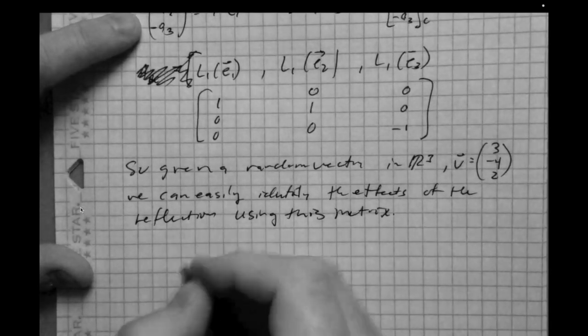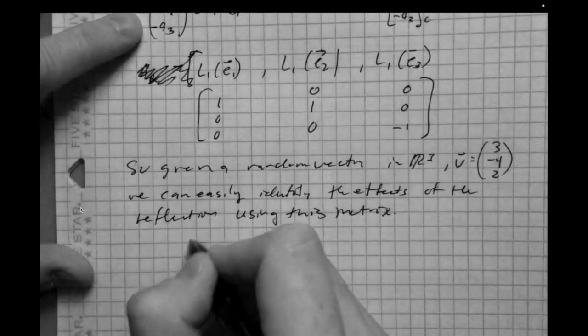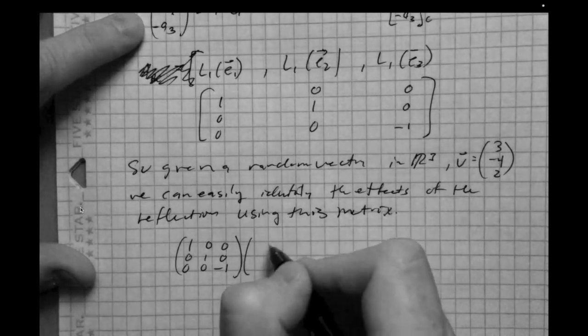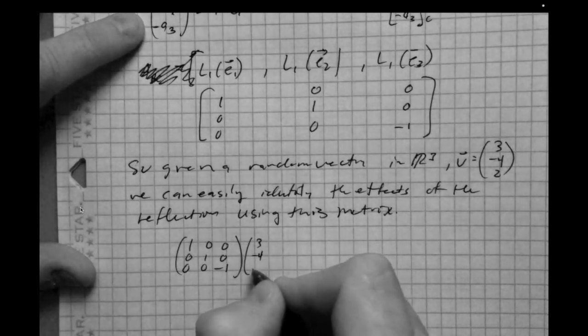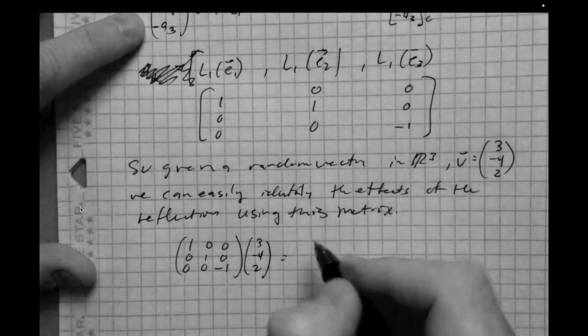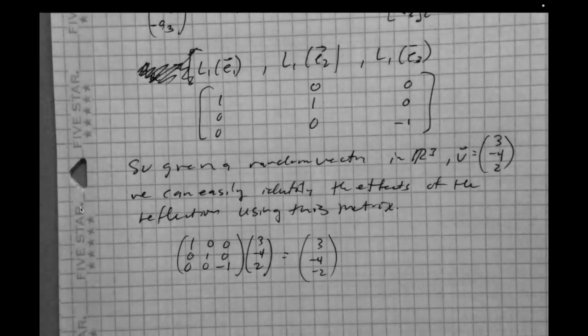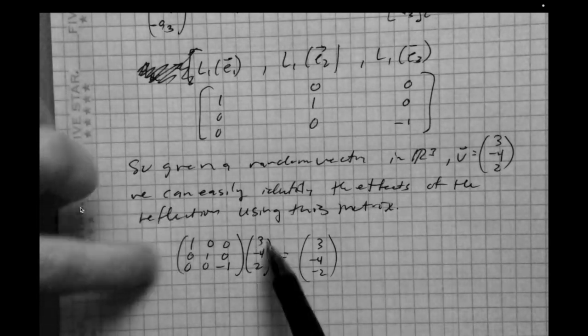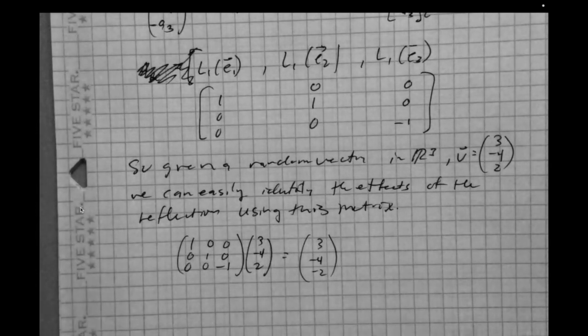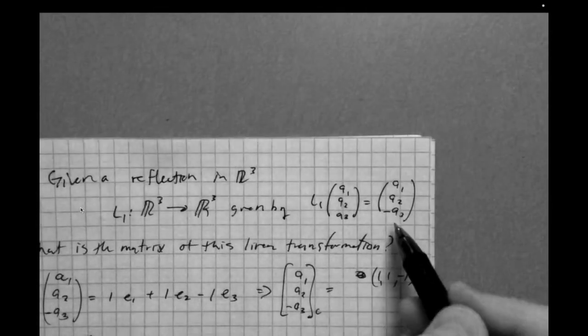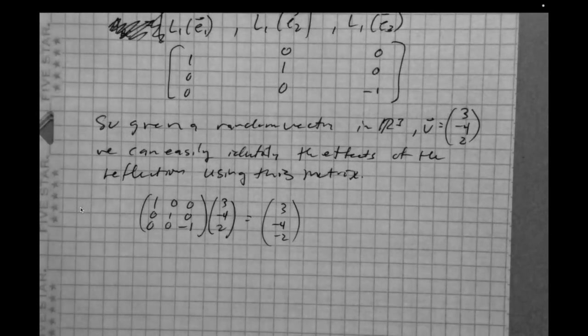How would we do it? We just multiply: 1, 0, 0, 0, 1, 0, 0, 0, negative 1, times 3, negative 4, 2. That's now equal to 3, negative 4, negative 2, which of course matches what we would expect. The first two coordinates stay the same, the third one flips sign.